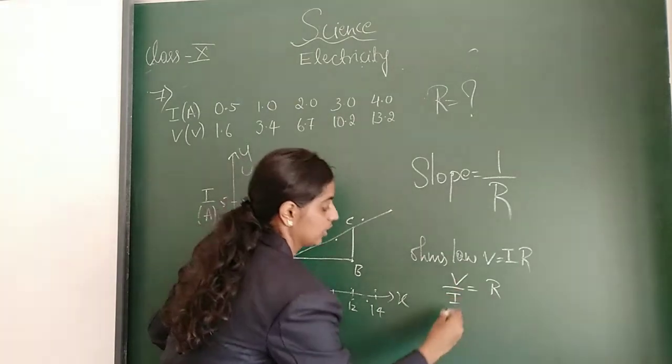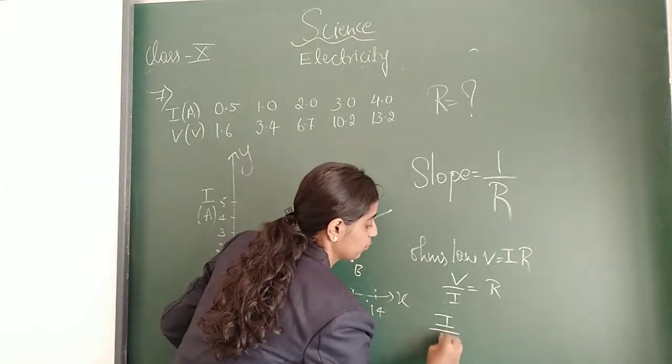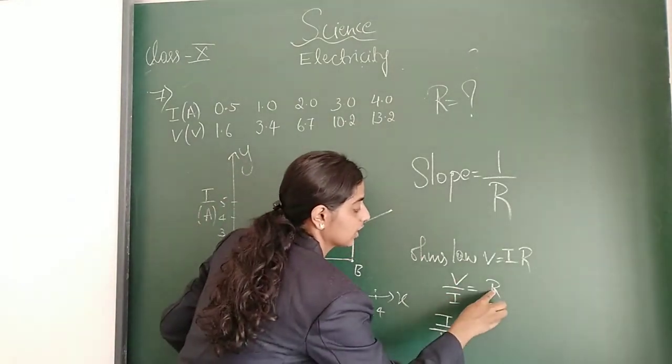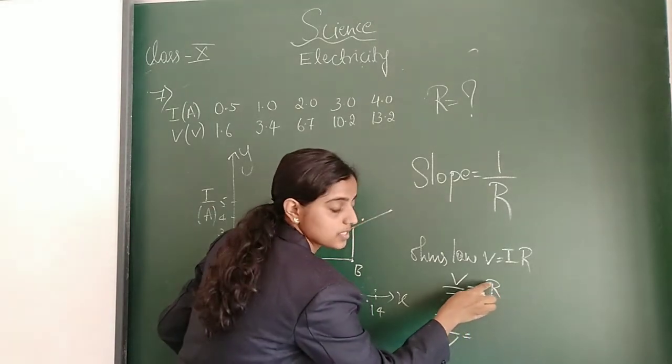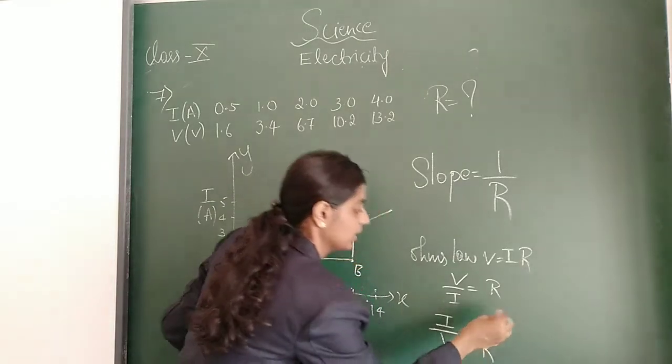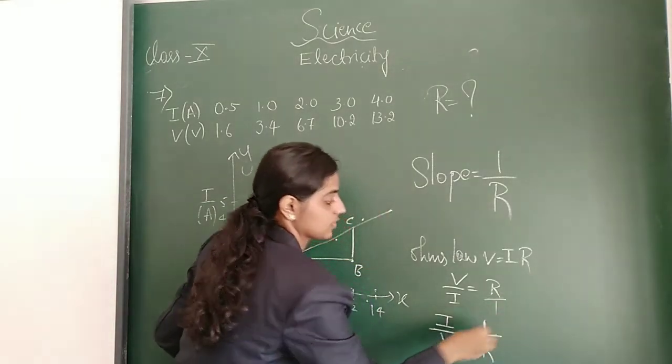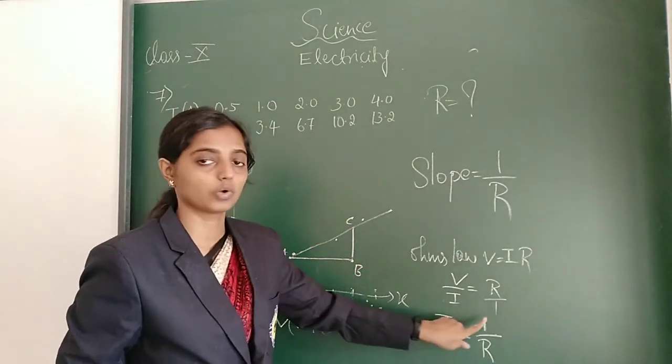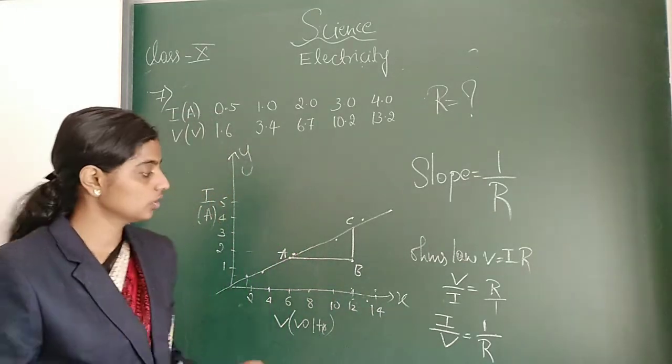That means when it becomes I by V, R which was in the numerator is now in the denominator, so 1 by R. So I by V is equal to 1 by R. I think you understood.